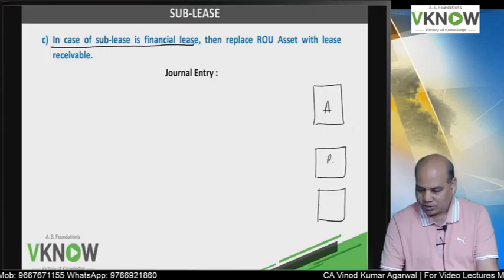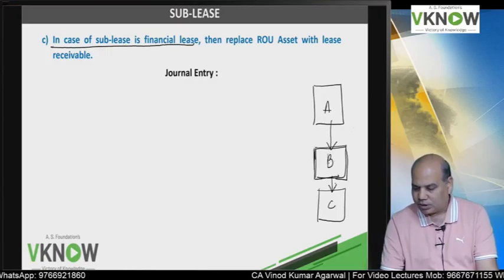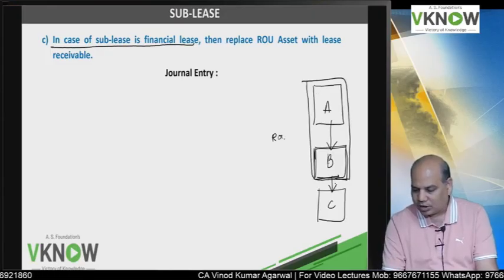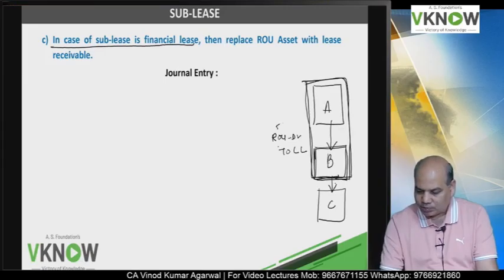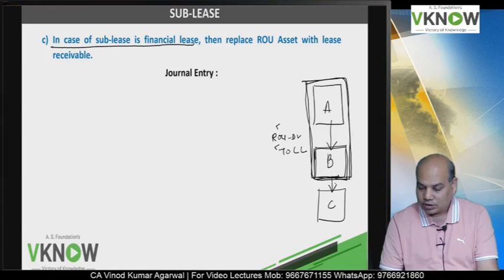A, B, C, we are in the books of B. So in the books of B, for the head lease, they must have recorded an asset, ROU asset, to lease liability. These are the two accounts appearing in their books before the asset was given on sublease.